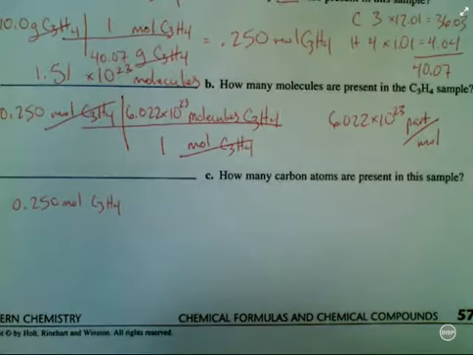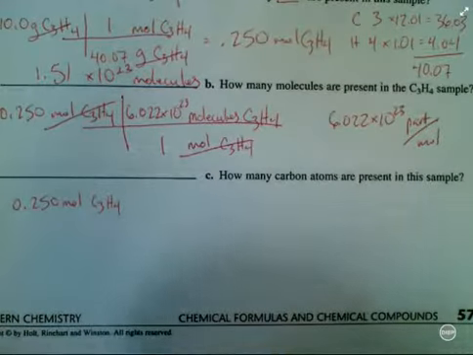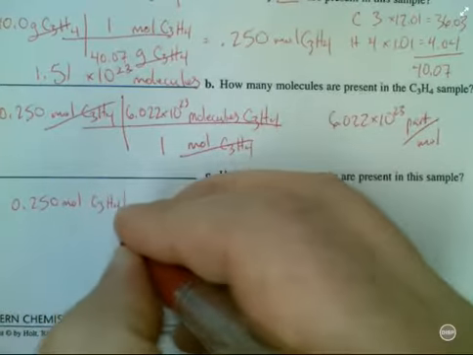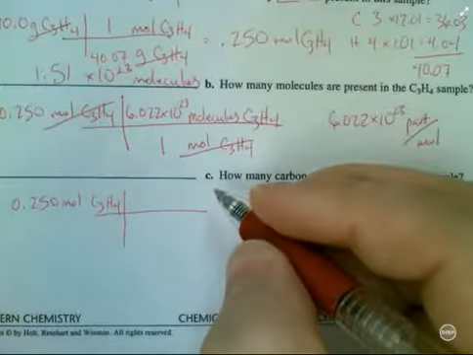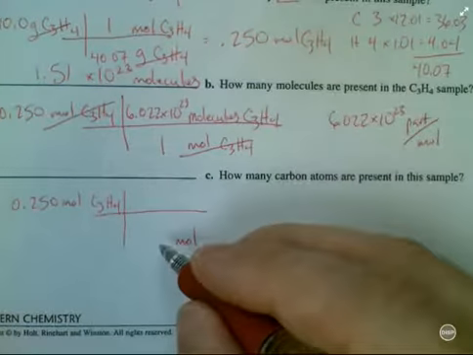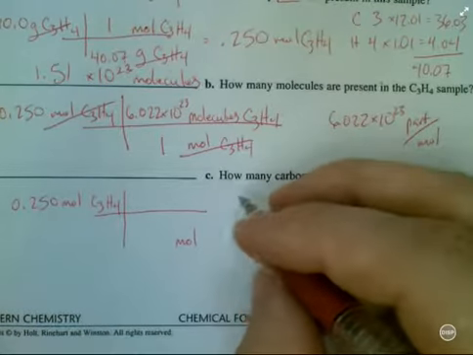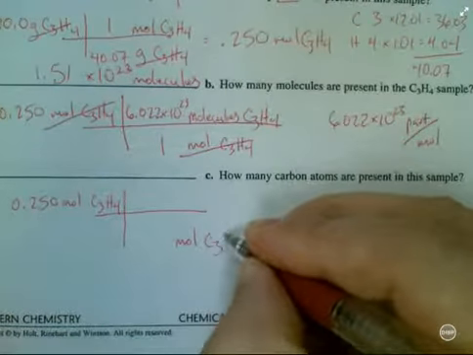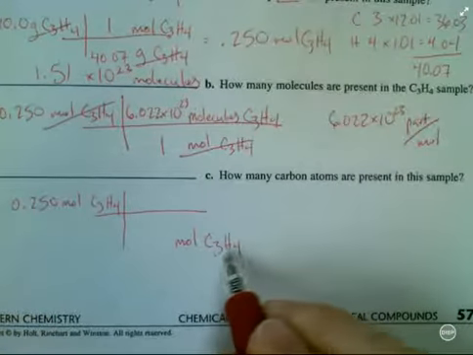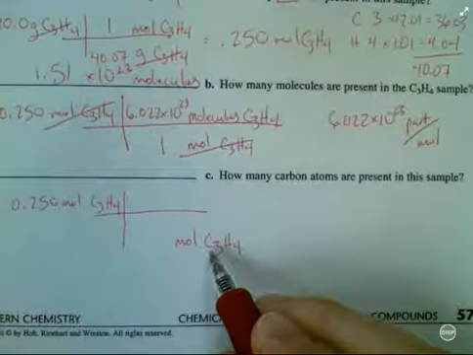This might seem very difficult to make a conversion factor if you're just trying to copy something that we've done up here. Let's keep this in concept land here. I need a statement of equality, something that is equal going back and forth. I know that for every 1 molecule of this stuff, I have 3 carbon atoms, don't I? Yes, I do, and so do you.